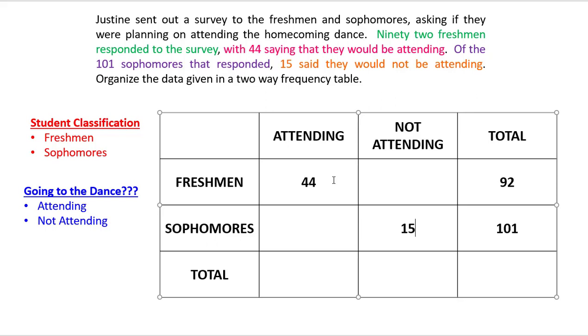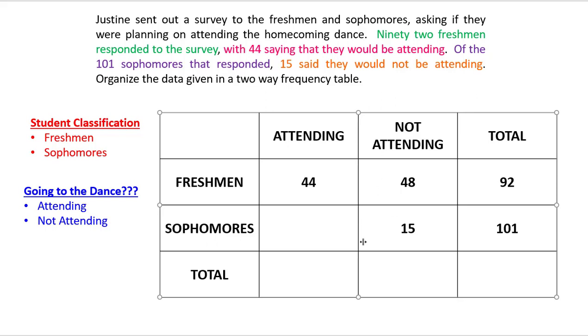So we can figure out how many are not attending by figuring out what number I can add to 44 and get 92. Or you can just do 92 minus 44 and get 48. So we know that there are 48 freshmen not attending.